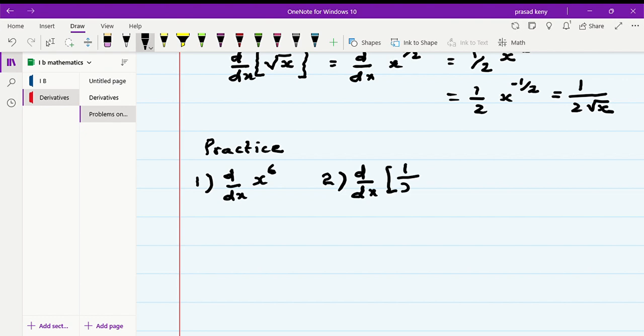See, using the laws of indices, 1 upon x square I can write as x to power negative 2 and then apply the formula. Then d by dx of 1 upon root x. Now 1 upon root x, write it as x to power negative half and apply the formula. So just try these problems at home.